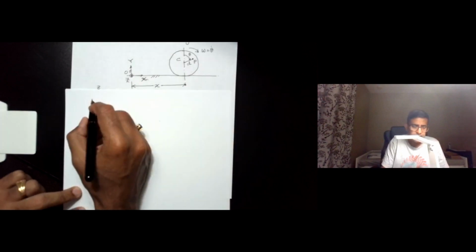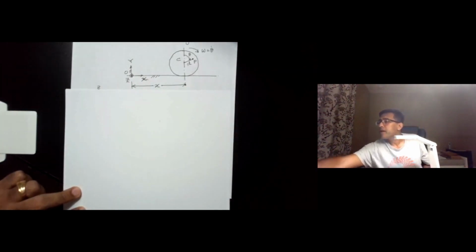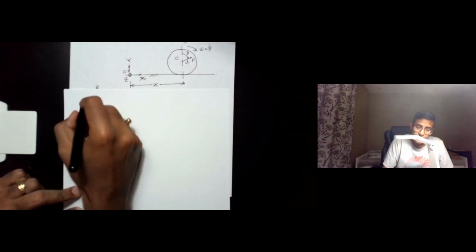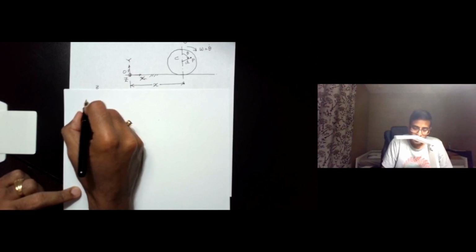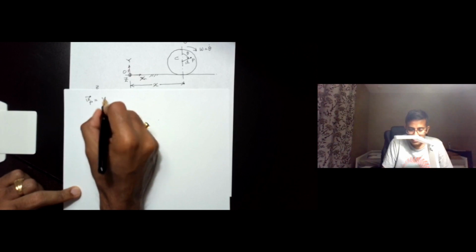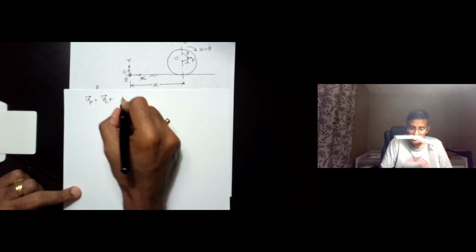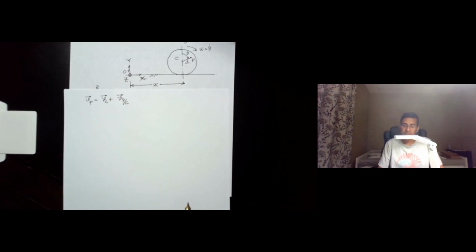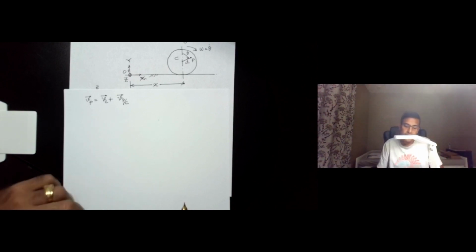If I take that idea, then I can say that V_p is equal to V_c plus V_p with respect to C. This is the basic relative velocity relation that we mentioned at the beginning of this discussion.